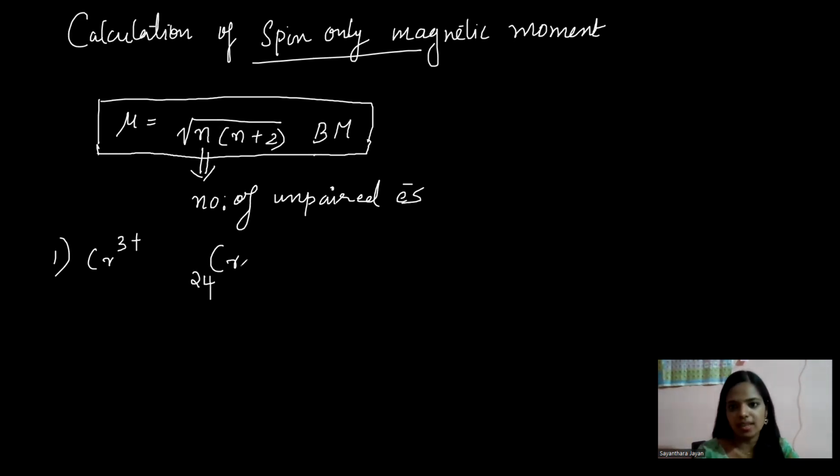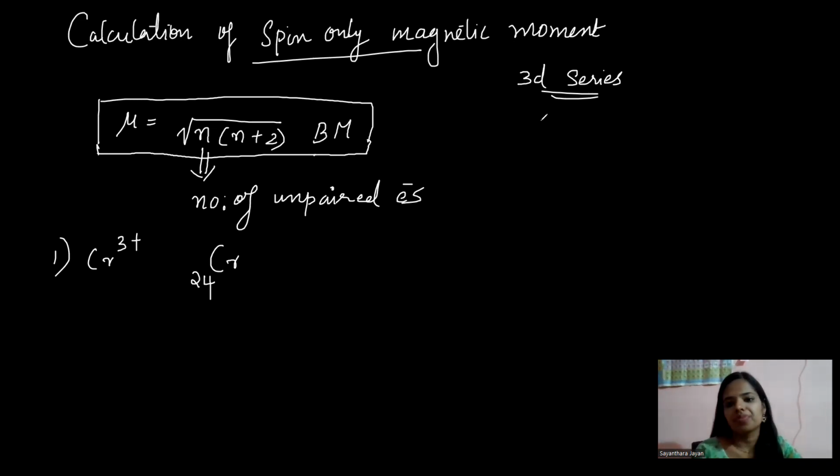It belongs to the 3d series in the periodic table. Already I have uploaded a short trick to remember the 3d series. These d-block elements are very important, and you can see such questions from that particular series.